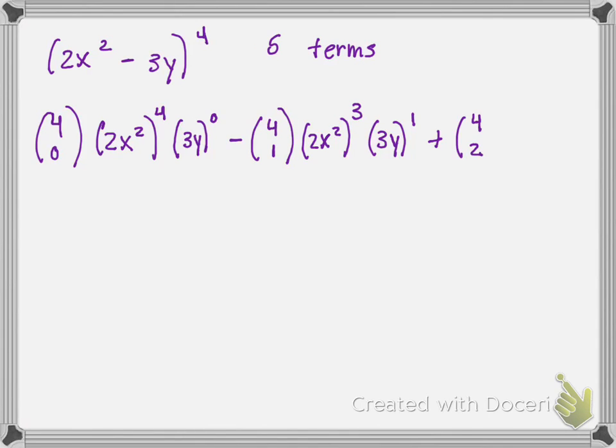And we get 4, 2, times 2x squared to the 4 minus 2, which is 2, times 3y, still to the bottom, so it's just to the 2.